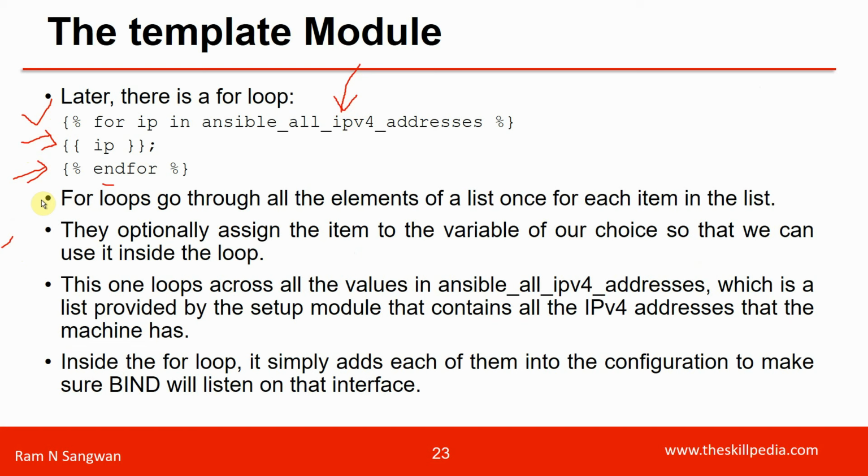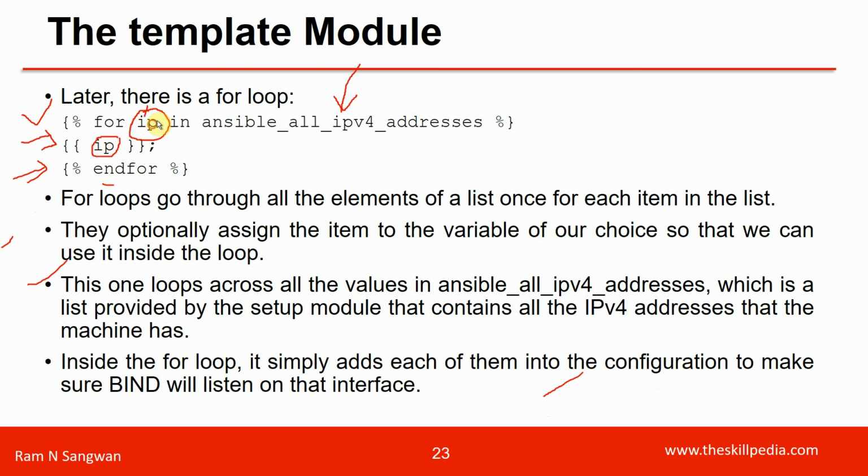Repetition: the for loop goes through all the elements of a list, once for each item in the list. They optionally assign the item to a variable of our choice. So our choice of variable used here is IP.